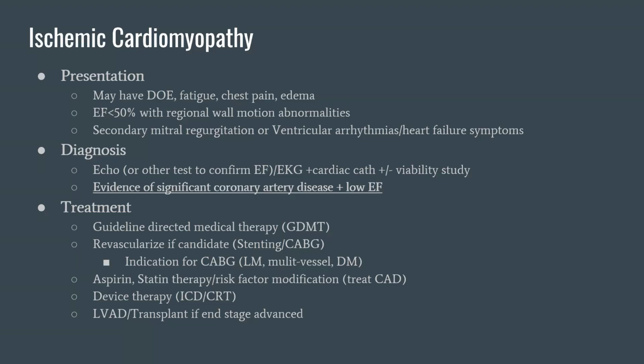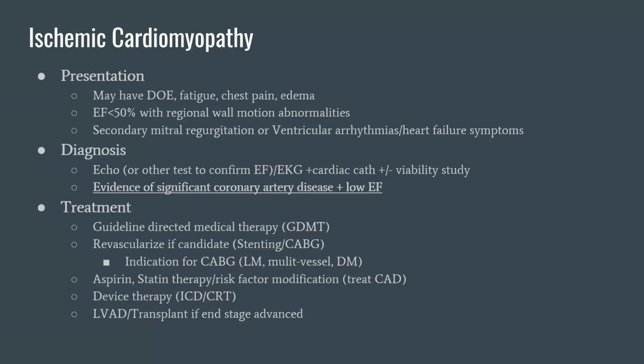So, device therapy. Patients with cardiomyopathies and ejection fractions under 35% may be a candidate for internal cardiac defibrillation, right? We chatted about that. It's the pacemaker with the big coil at the end that has the potential to shock someone out of ventricular arrhythmias.